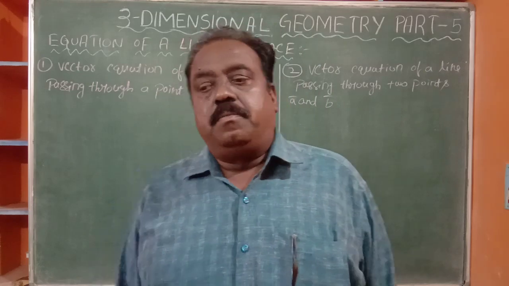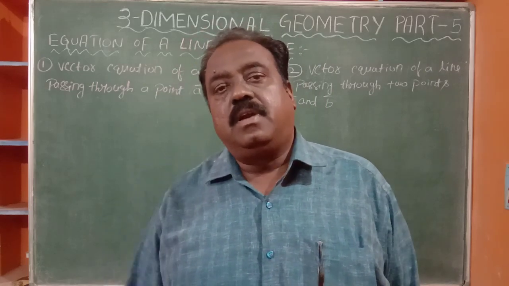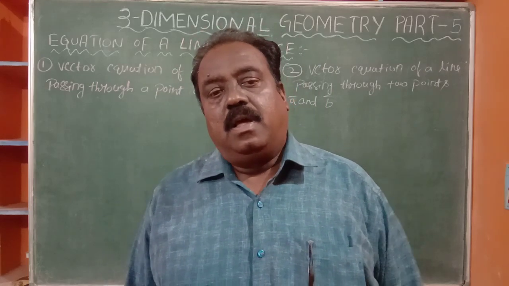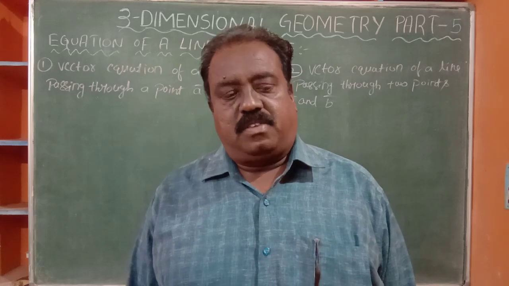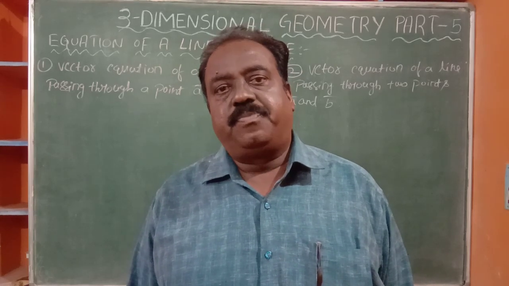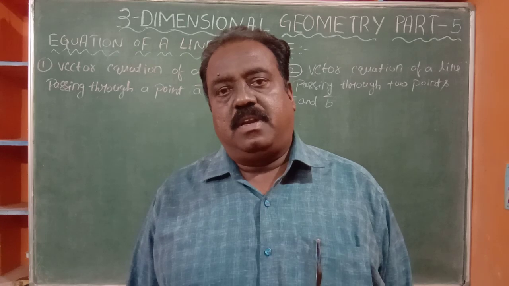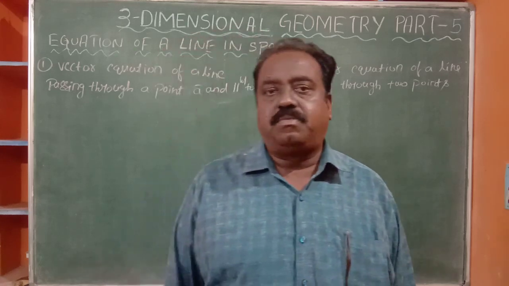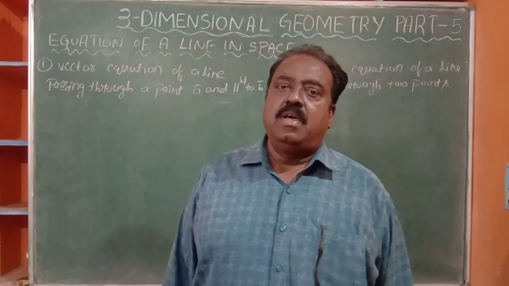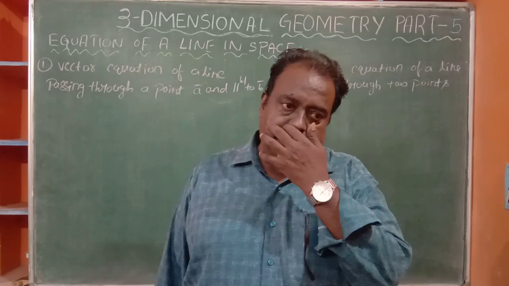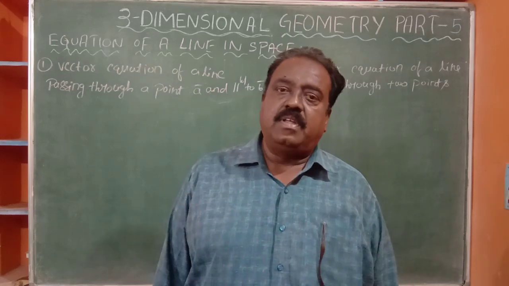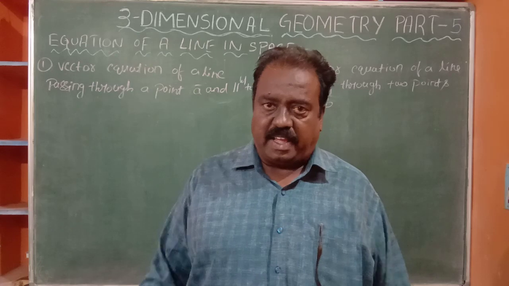We are in part 5, that is 3D, three-dimensional geometry, and we discussed the first 4 parts about the DRs and the DCs of a line. Suppose OP is a line, or simply a ray.